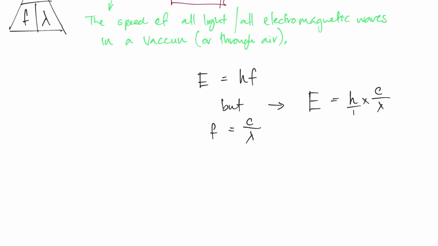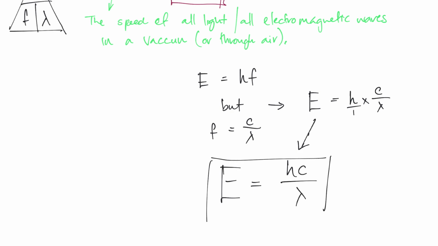So this is h over 1. So now I've actually got a new formula, which is E is equal to hc over lambda, and that gives me a combination of the speed of light formula and the energy of photons.